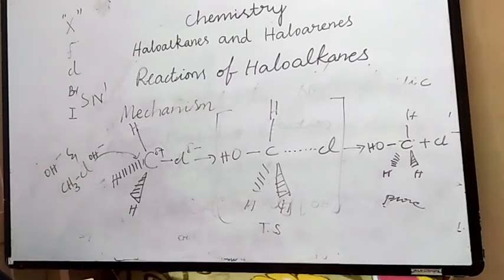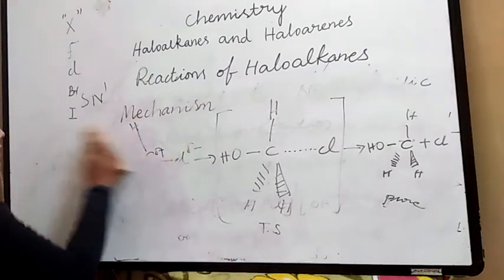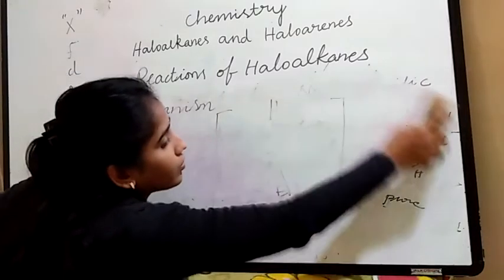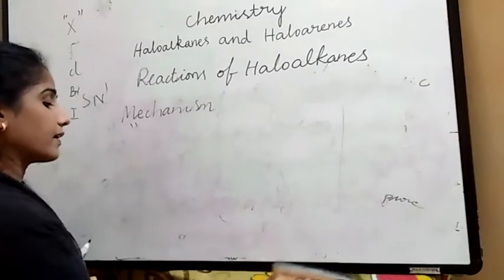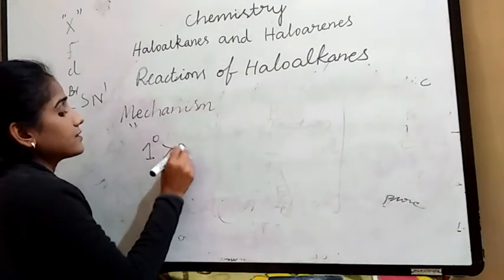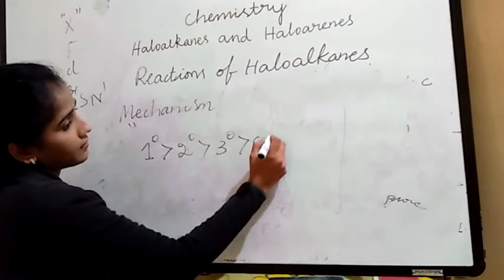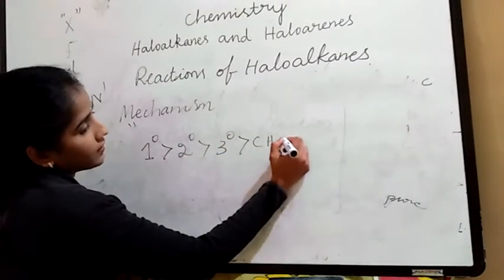So the reactivity of alkyl halides in SN2, we can write like this: primary is greater than secondary, secondary is greater than tertiary, tertiary is greater than CH3X.